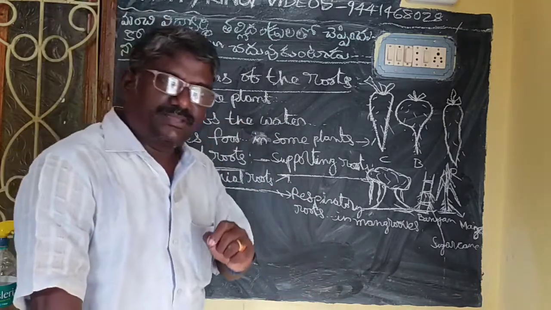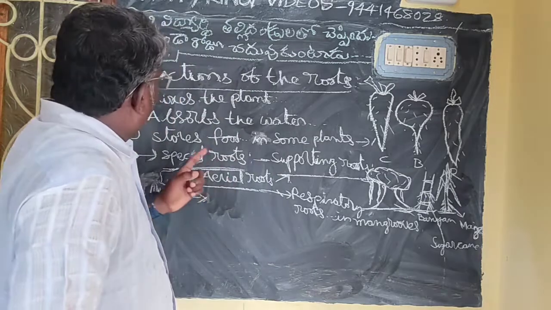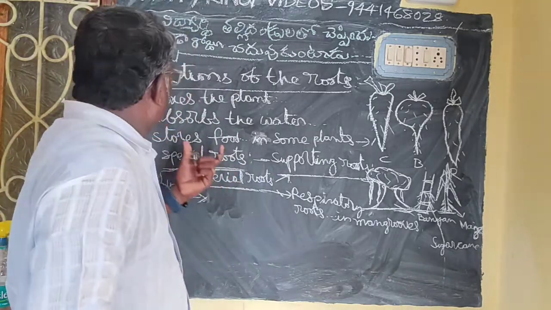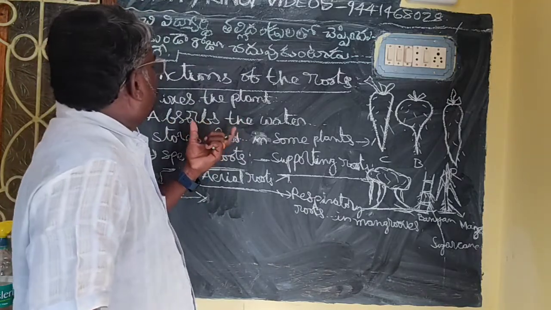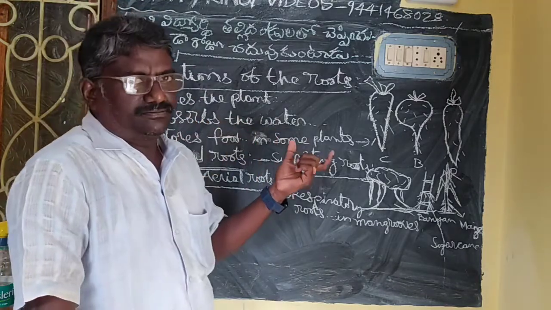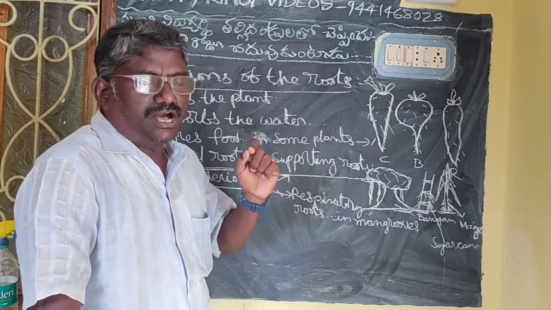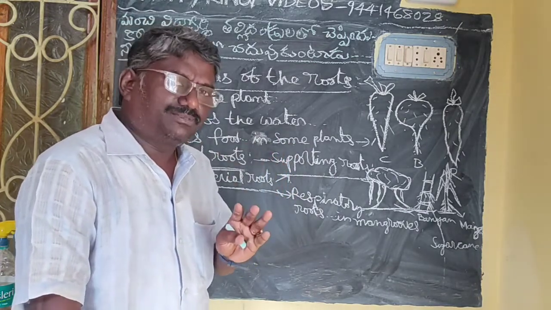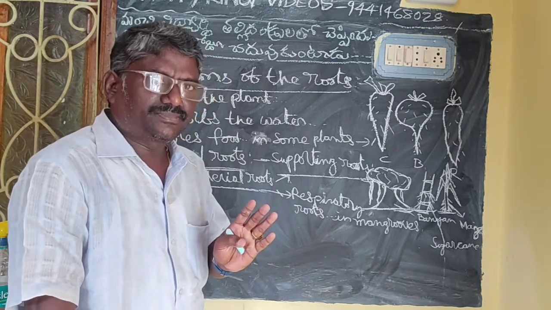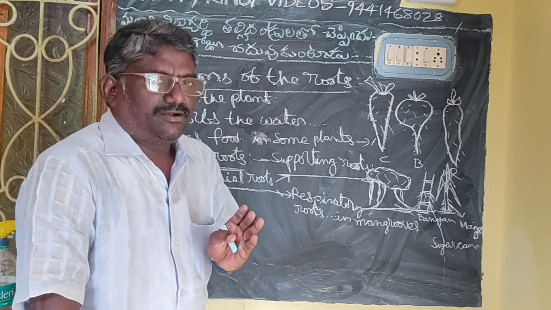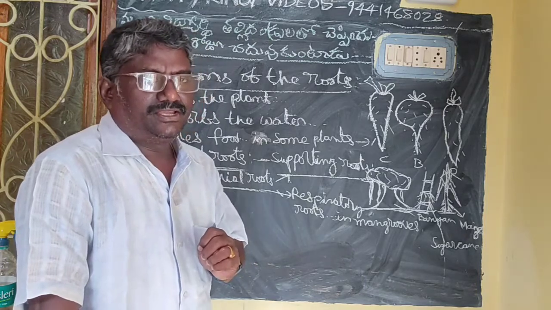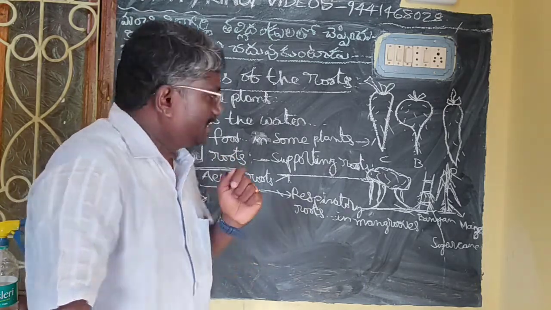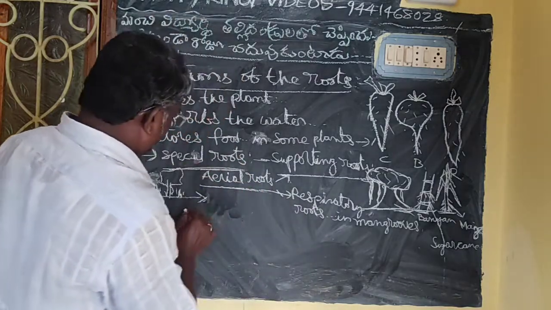So there is an activity. Let us observe the activity of the root absorbing the water from the soil. Let us observe this action from an activity. You can do this activity at your home.